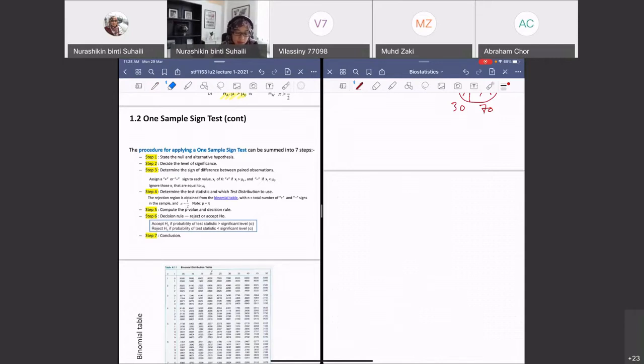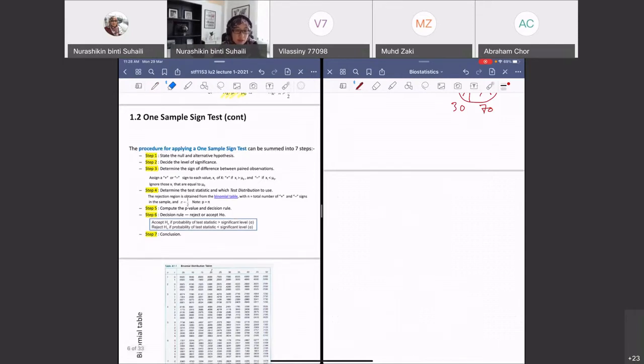The second step is to decide the level of significance. The level of significance is denoted as alpha. In a language that you can understand, alpha is the value of the probability of error.